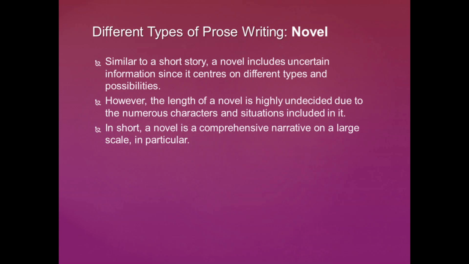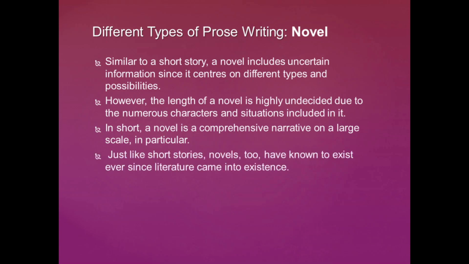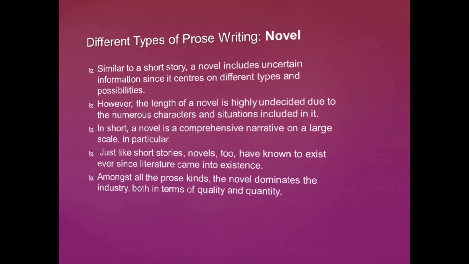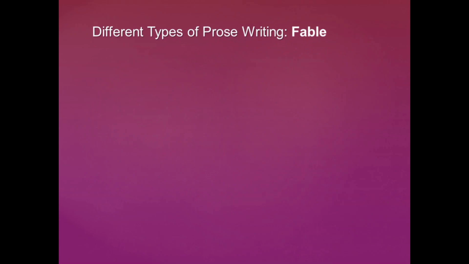In short, a novel is a comprehensive narrative on a large scale in particular. Just like short stories, novels are also known to exist ever since literature came into existence. Amongst all the prose kinds, the novel dominates the industry both in terms of quality and quantity.